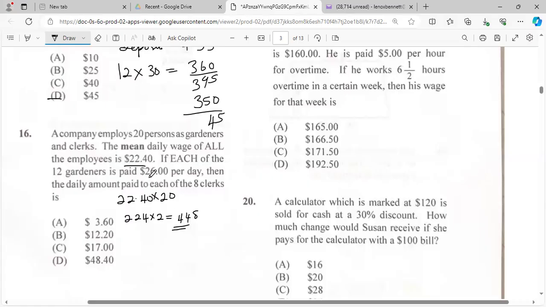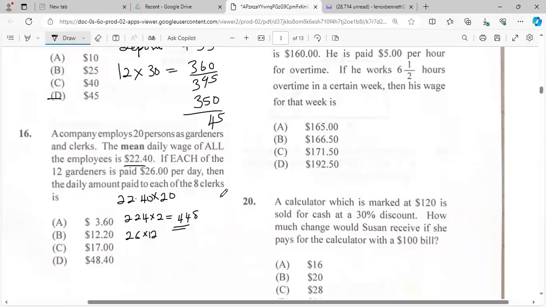So now it says, if each of the 12 gardeners is paid $26. We know the gardener amount, which is 26 times 12. We can do it by 10 and 2. 260, 260 times 2.